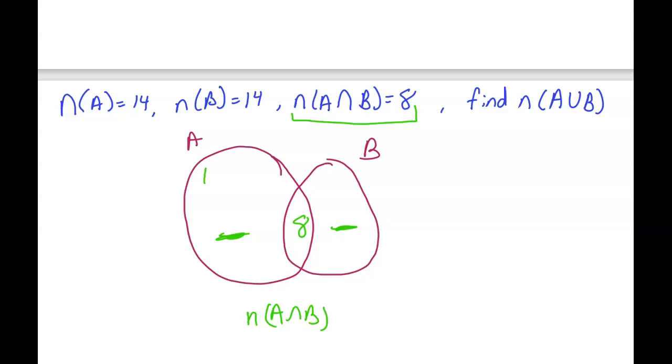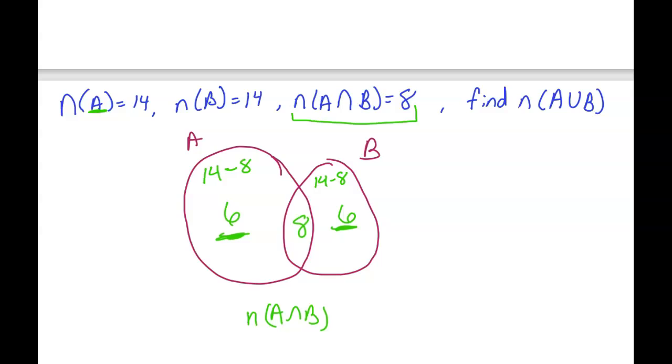What that's telling me is I need to take 14 minus the 8 that I already have in there, which will leave me with 6. And I take 14 minus the 8 that I already have in here, which is 6. Because we have to subtract out, this is telling me how many are in this entire circle of A. So I already have 8 of them in there.